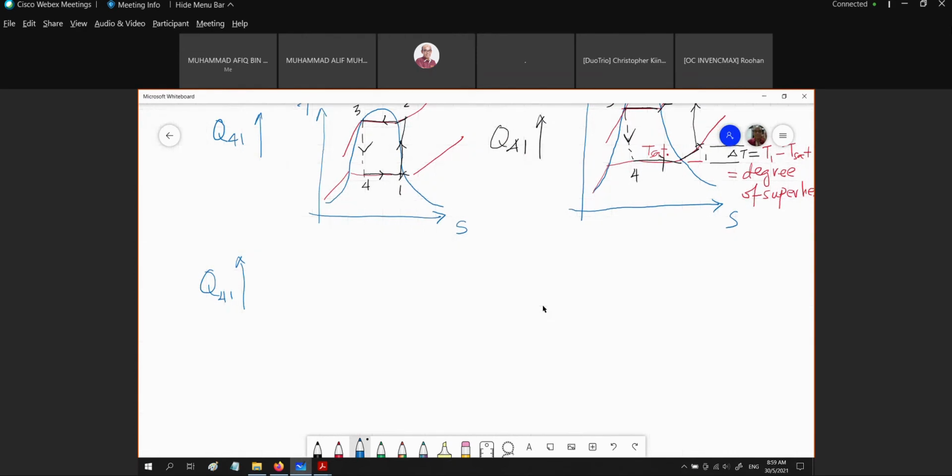Again, I'm going to repeat, as far as the schematic diagram is concerned, we still have the four main components: the turbine, the condenser, the throttle valve or expansion valve, and the evaporator. What we are going to do is just move the states. So now we are going to look at how the third method increases the Q for 1.